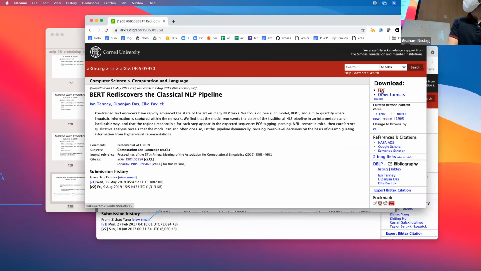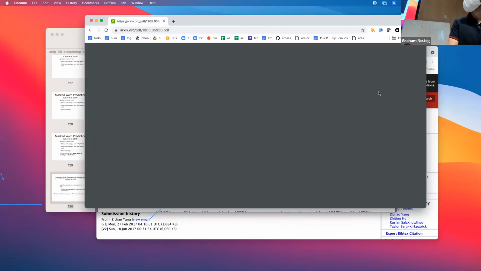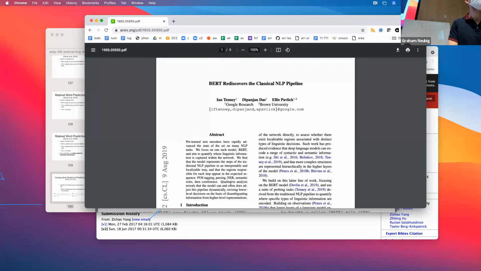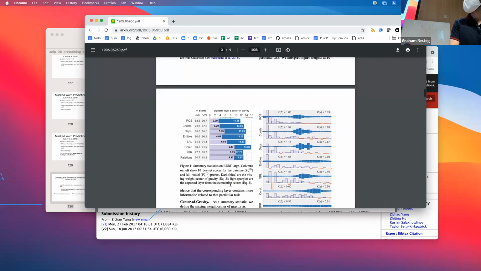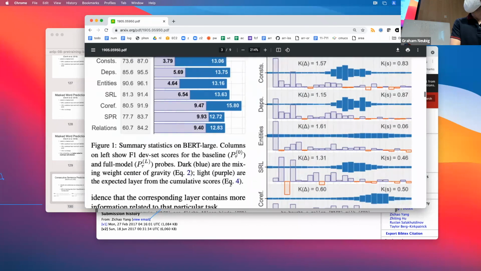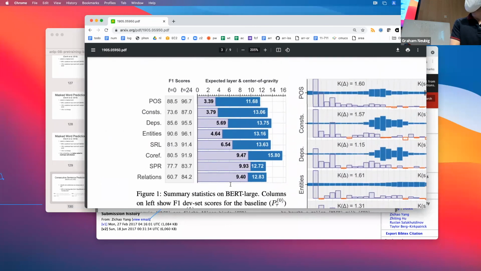Basically, it shows a lot of different things, but one thing in particular is what layers of BERT are optimal for solving different tasks.